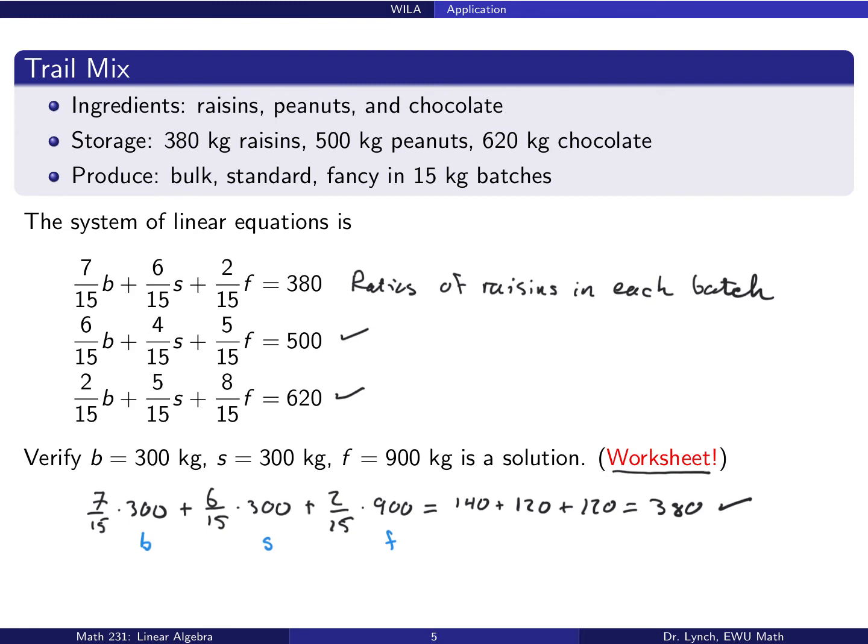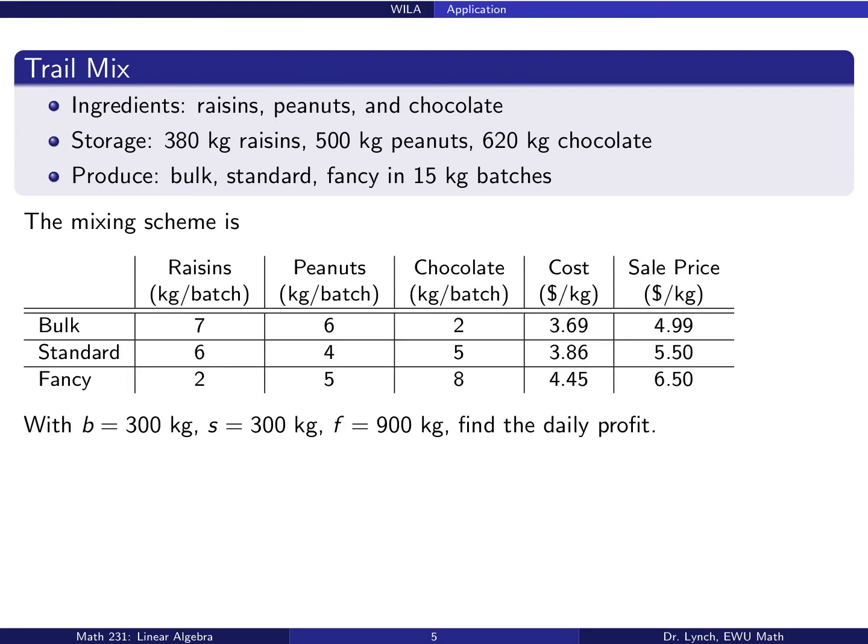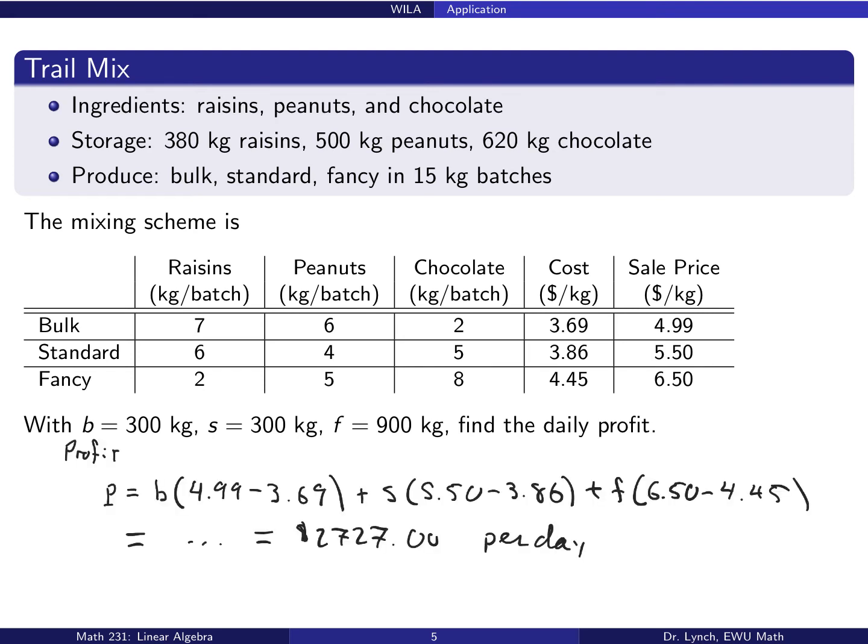Now, something else you might want to do is compute the daily profit for a sale of this amount of bulk, standard, and fancy. And this also is an example of a pretty straightforward linear calculation.